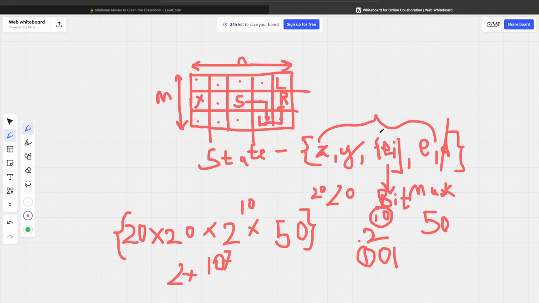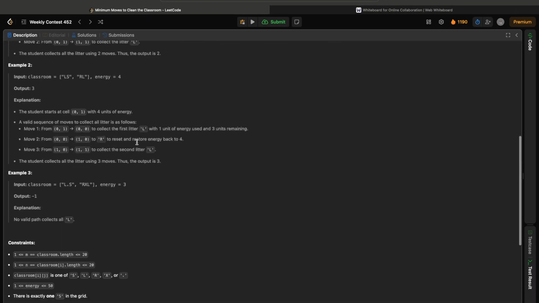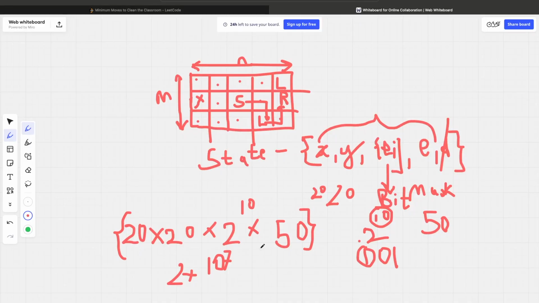So if you maintain your states properly without using any extra space or any extra variables, I think this will be a good problem that can be easily brute forced. Basically, in this range, it will automatically come under our constraint, and we can apply a kind of brute force BFS. So this can be done easily.